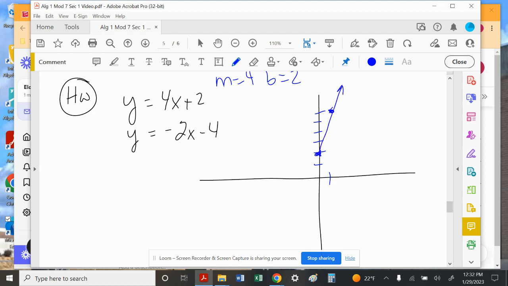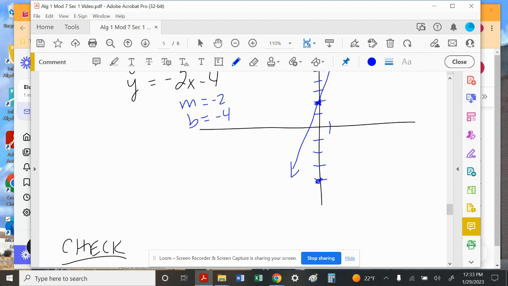I want to show you why this is kind of a mess, but I'll show you that in a minute. This one here, I know that m equals negative 2, my slope equals negative 2. So 1, 2, 3, 4. And my slope is negative 2, which means I go down 2 and over 1, and they cross. Notice that they cross right about here, somewhere around there.